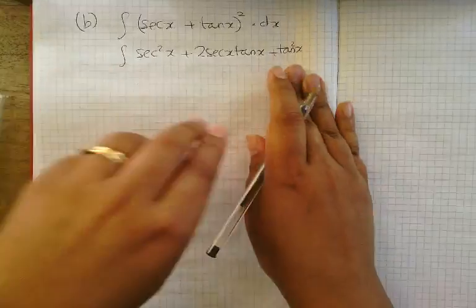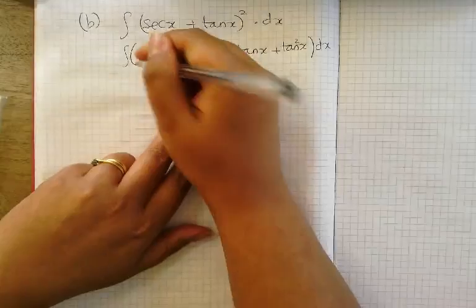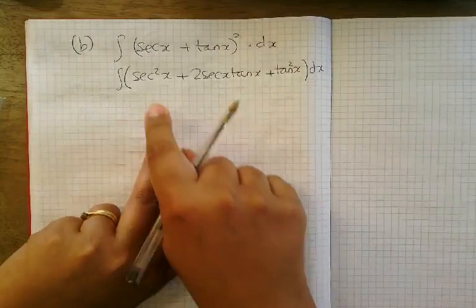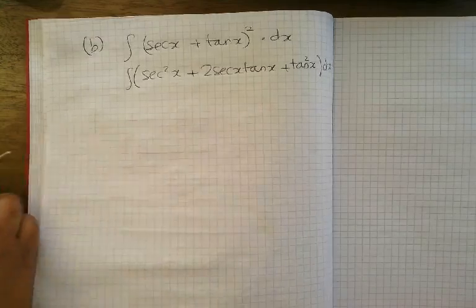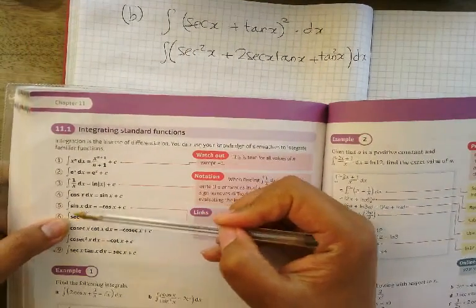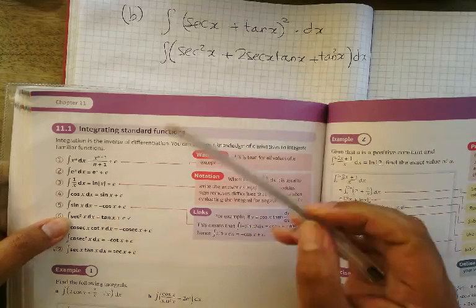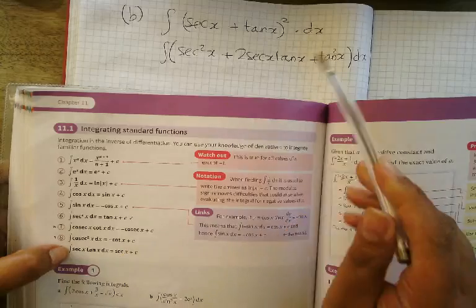So this is what I'm asked to integrate. Now let's go back to my list of rules. I know how to integrate sec squared x, that's just tan x. I know how to integrate sec x tan x, that's just sec x.